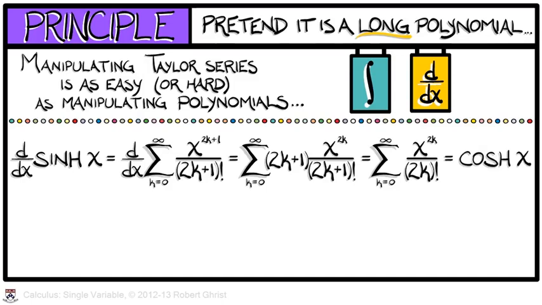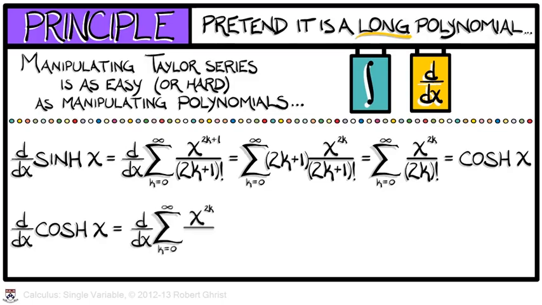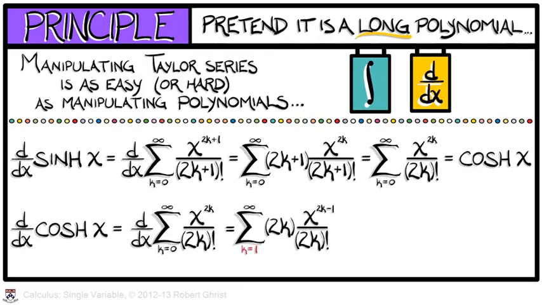in similarity to what happens with trig functions. The derivative of sinh is cosh. Likewise, what is the derivative of cosh of x? If we differentiate term by term, we can see that the derivative of x to the 2k is 2k times x to the 2k minus 1.